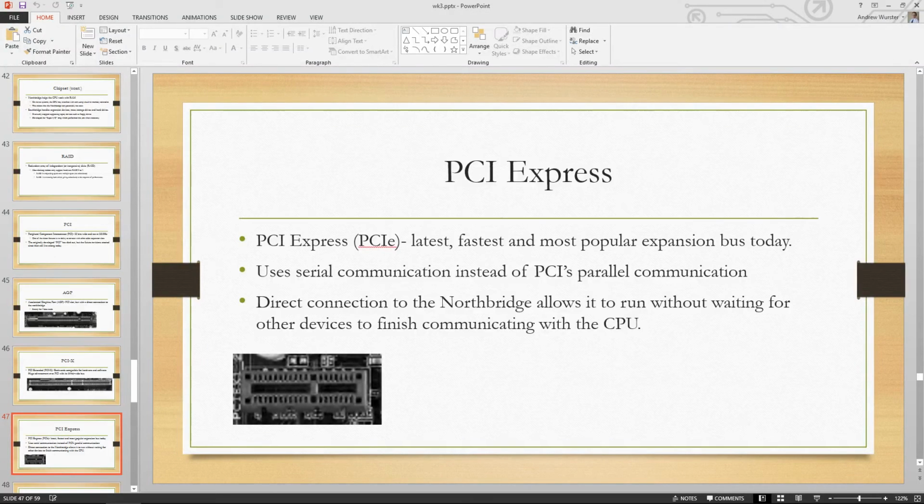This one apparently also goes to the North Bridge. Other devices to finish communicating with the CPU. Okay, pretty self-explanatory. Original PCI used parallel communication, whereas this uses serial communication, which is faster and more direct.